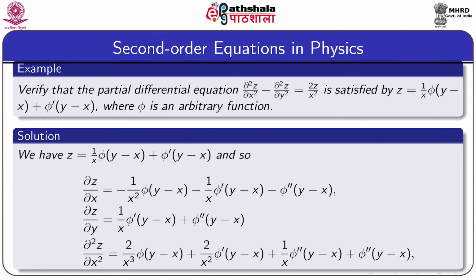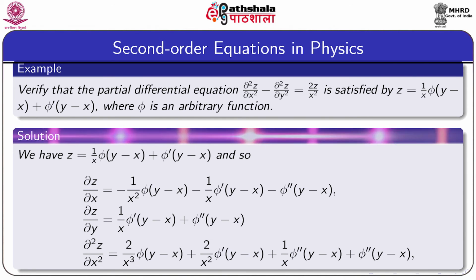Now, we are taking another example where z is the sum of a function phi and its derivative phi dash. From this equation we want to obtain a partial differential equation. So, take z equals 1 by x phi plus phi dash.